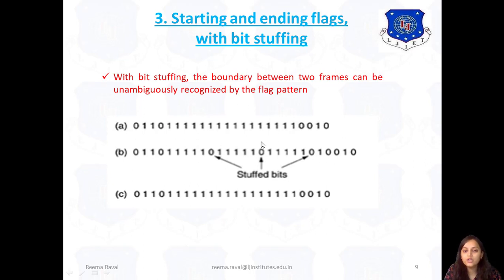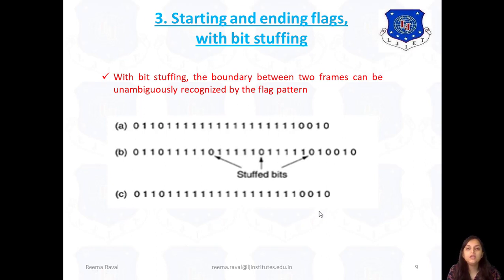Then again after five consecutive ones, it will stuff another 0. Then again after five consecutive ones, it will stuff a 0. Then the remaining data will be sent as it is. So this is called bit stuffing, and these are the stuffed bits. At the receiver side, it will store the data after destuffing these bits, that means after removing these 0s. So the original data that was sent will be stored like this.